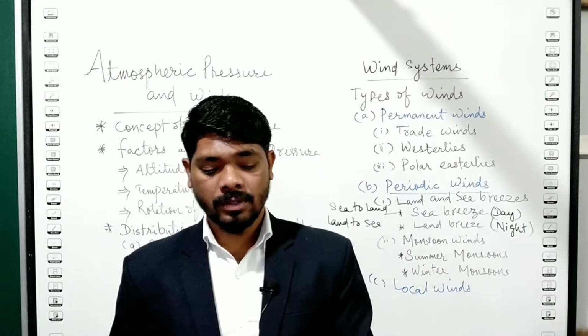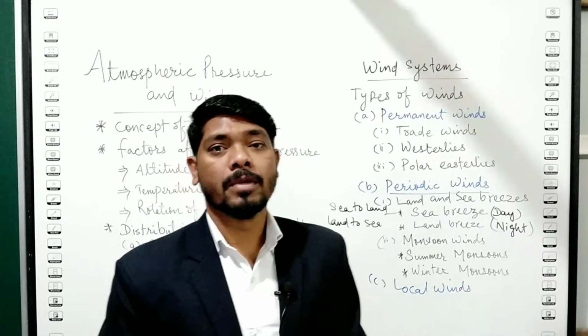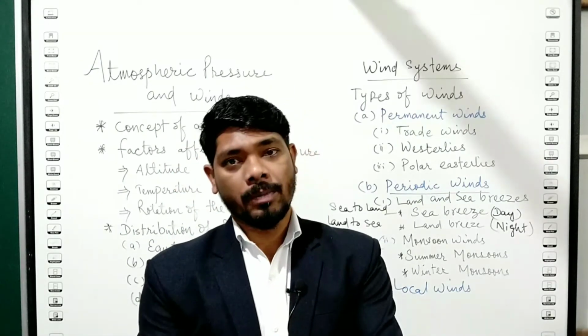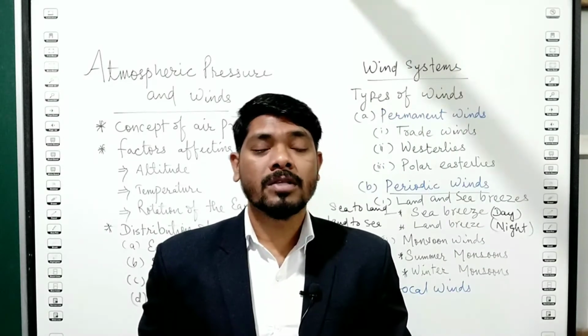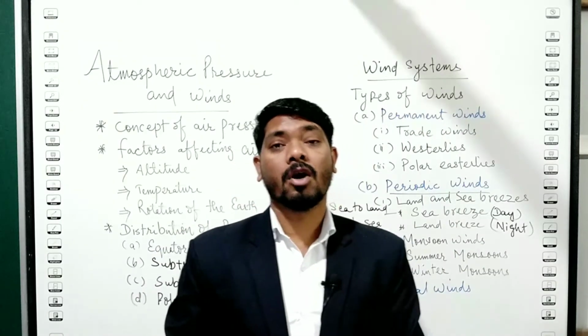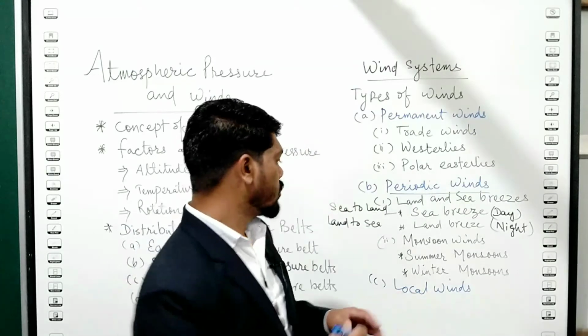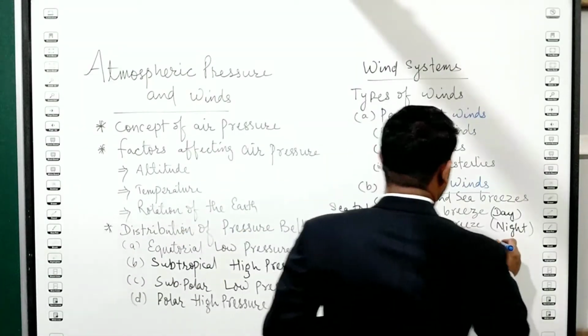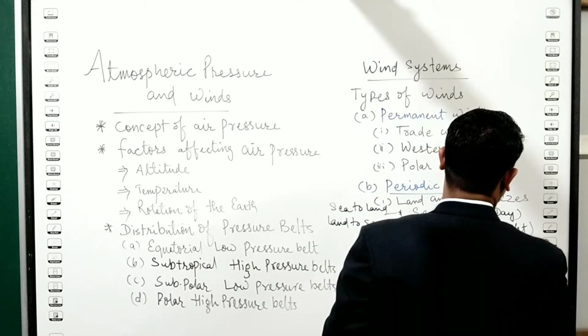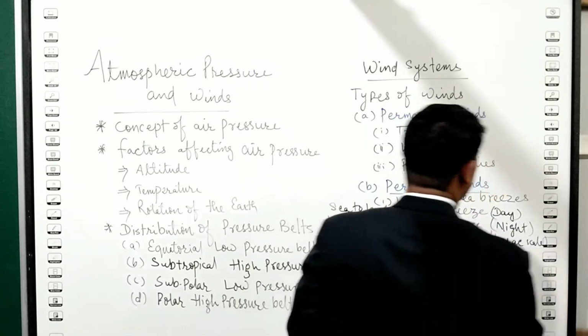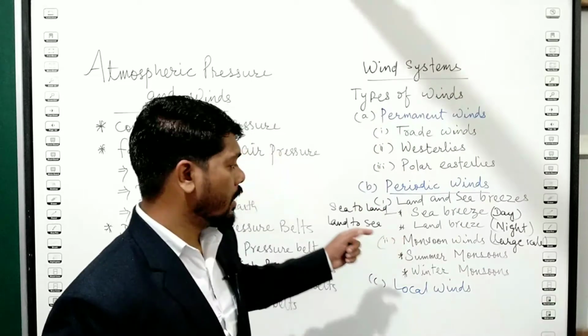Then we have monsoon winds. Monsoon, as we know, we are familiar with that. It is also like a sea breeze and land breeze, but on a large scale. Monsoon winds will be on a large scale. That means it will affect the entire country.